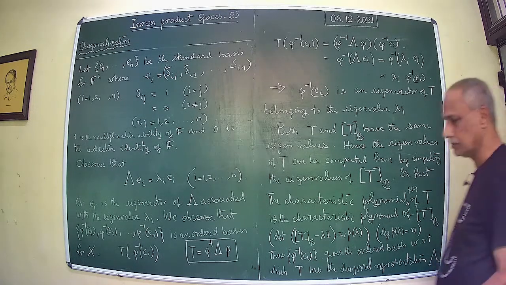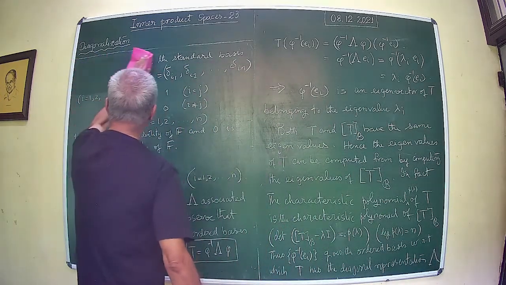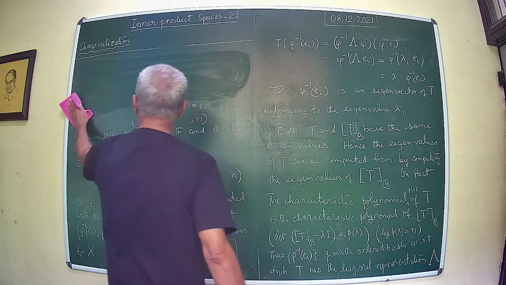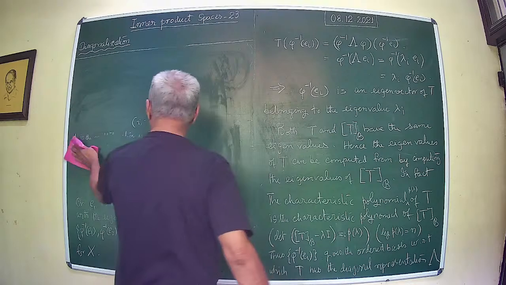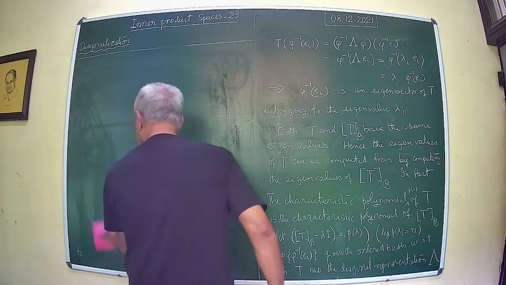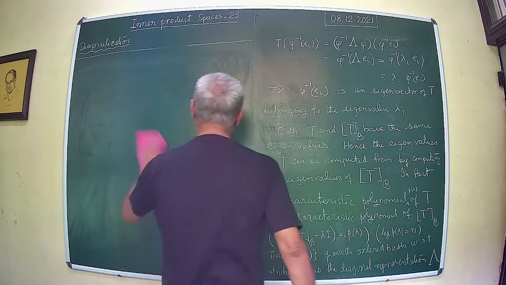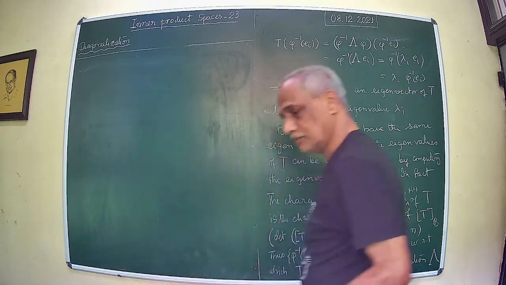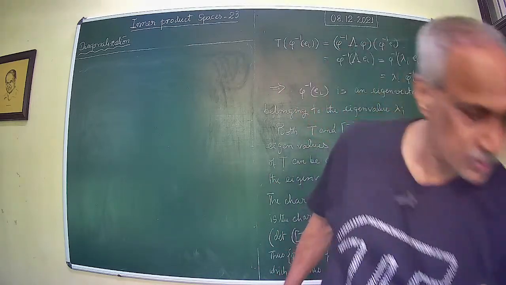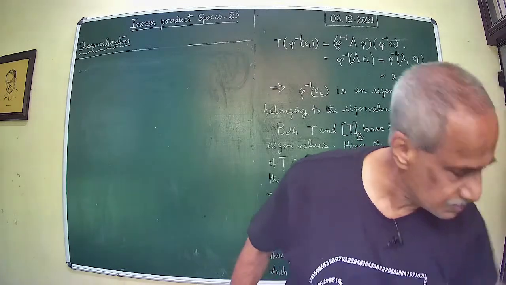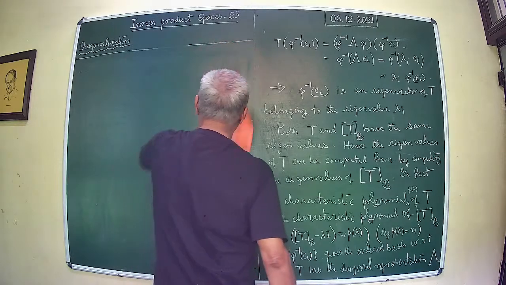Whenever it exists, still not sure whether it exists in all cases, but wherever it is possible. Therefore, the problem is, is it possible? So these are what are called eigenvectors of T. So the problem reduces to finding out the eigenvectors of T.